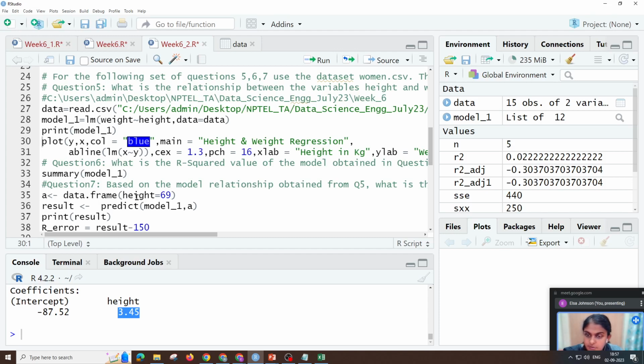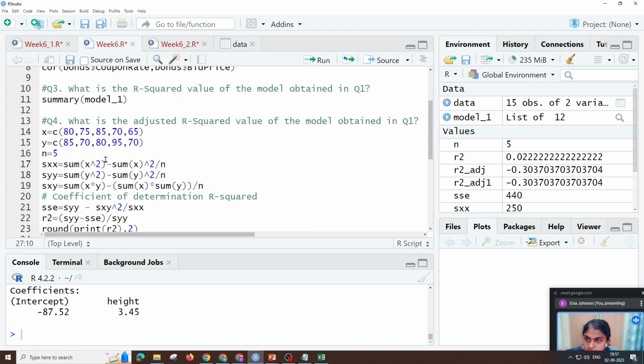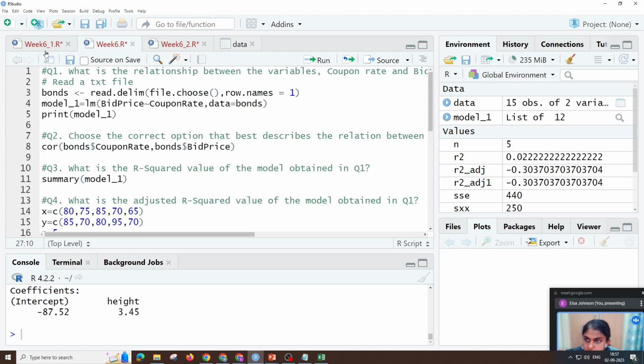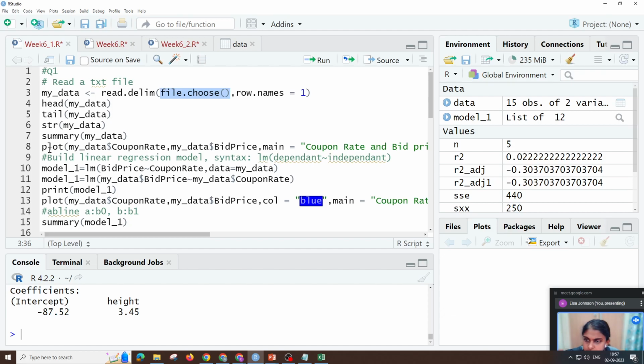Now if you want to see how the values look between these two, you can just give plot.